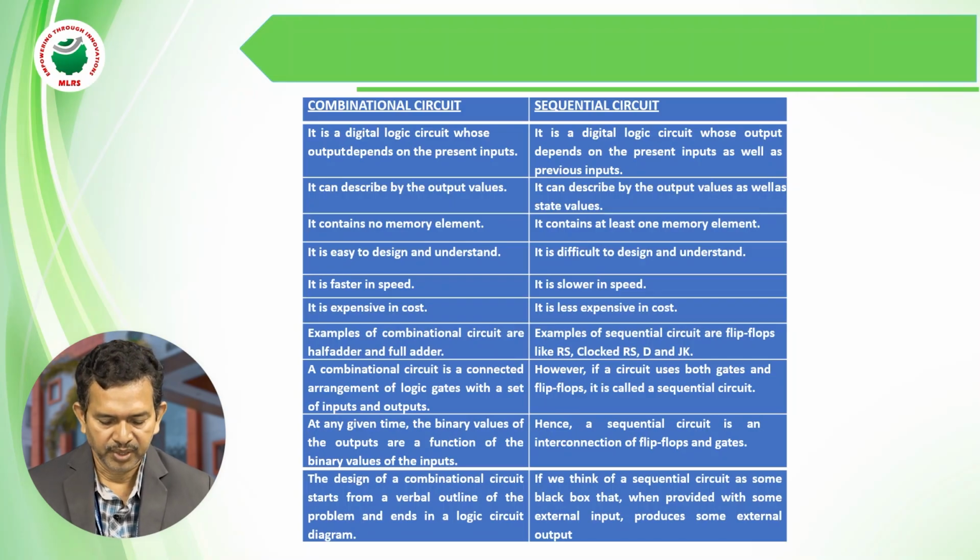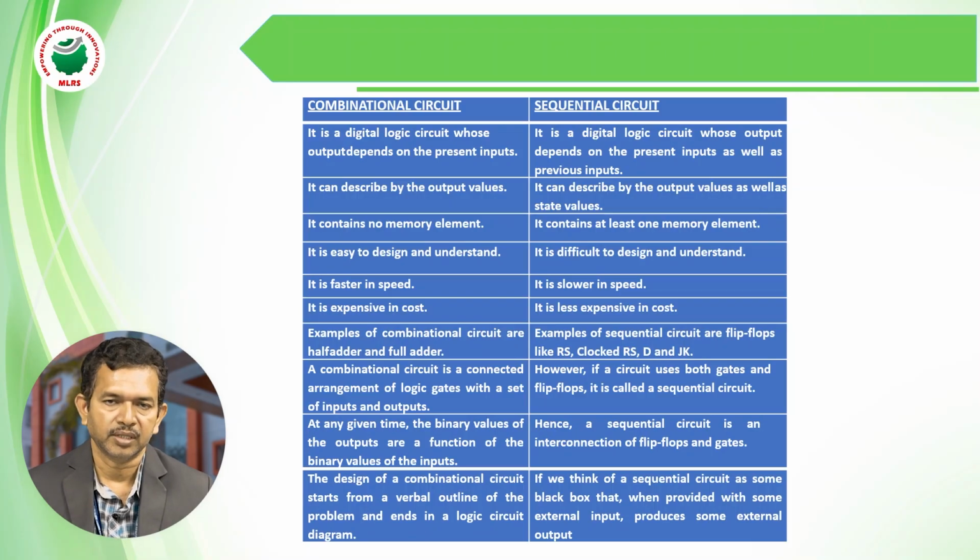Next, the combinational circuit can be described by its output values, as the shortest values. The combinational circuit contains no memory elements. The sequential circuit contains at least one memory element.